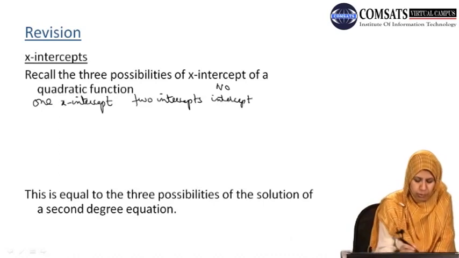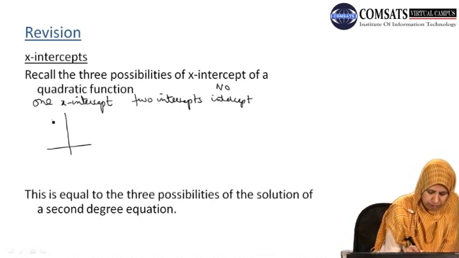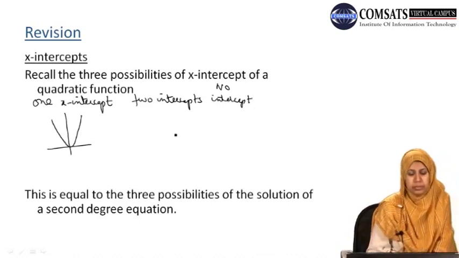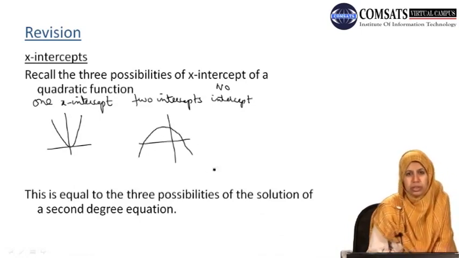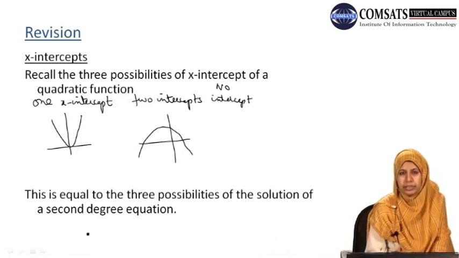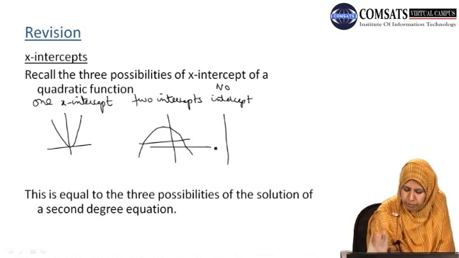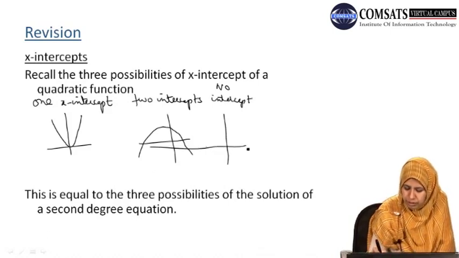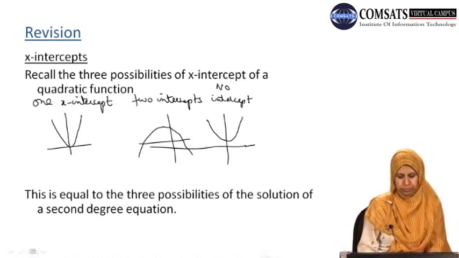Okay, and what do we mean by this? By one intercept we mean that the graph looks like this, passing through the origin. By two intercepts we mean that the graph may look like this, that is crossing the x-axis at two different points. And by no intercept we mean that the graph does not cross the x-axis at all.